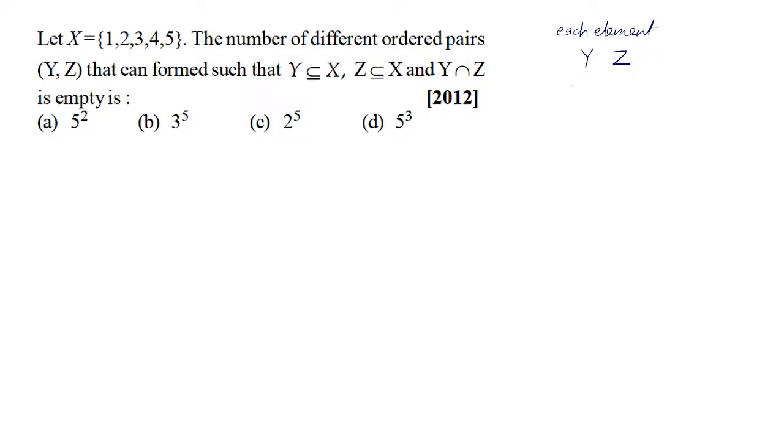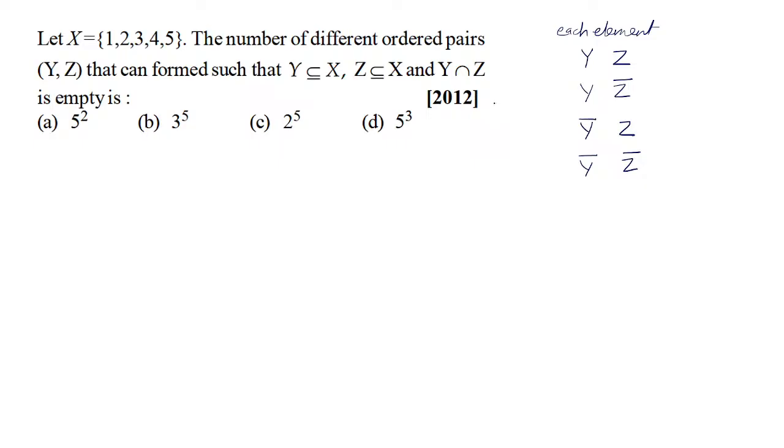What 4 options? It can become part of both the subsets y and z, or it can become part of y but not z, or it can become part of z but not y, or it may be neither part of z nor part of y, so to speak. You can see that, isn't it? Think about it. There are just these 4 possible choices that each element of set X would have.